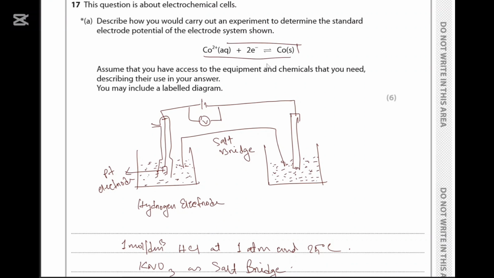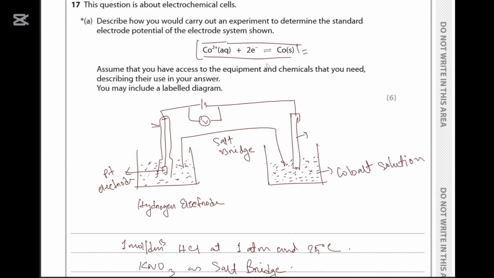So we basically take a standard hydrogen electrode on one side and then connect it with my desired solution. So here's the standard hydrogen electrode, and this is my cobalt solution.